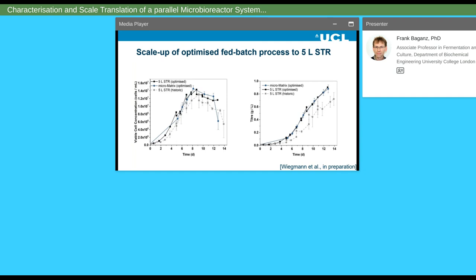Similarly, the progression of the titer was nearly identical between the scales for the optimized feeding regime and significantly higher compared to the original fed batch regime as shown in this graph.